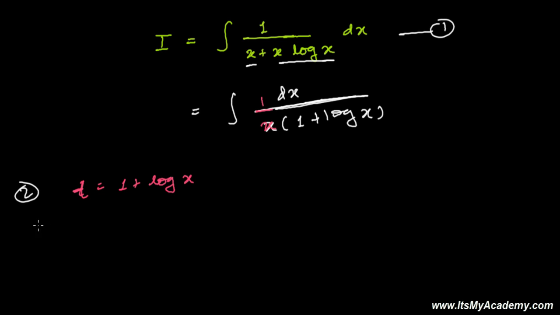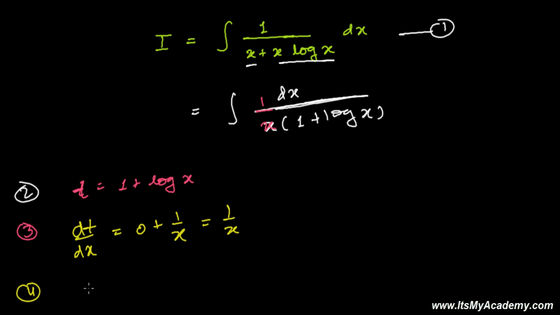Now our third step is to differentiate this new function t so that we can replace this dx and get a good relationship. So I'm going to differentiate it: dt over dx, the derivative of 1 is 0, and log x is 1 over x, so it's 1 over x. Now our fourth step is getting the relationship that we can use to replace this dx and x properly.